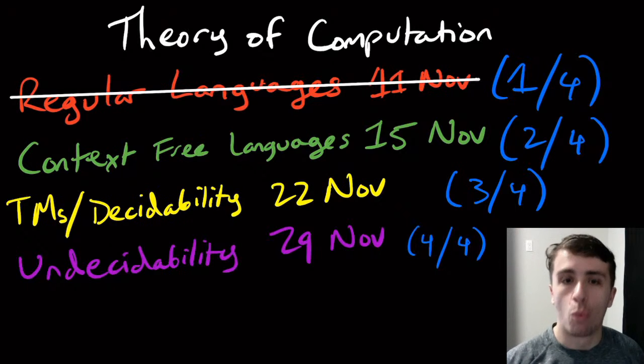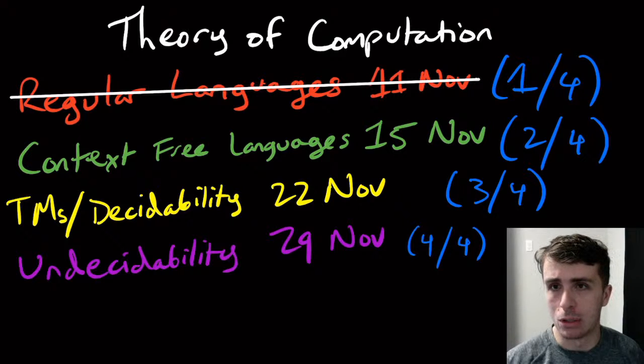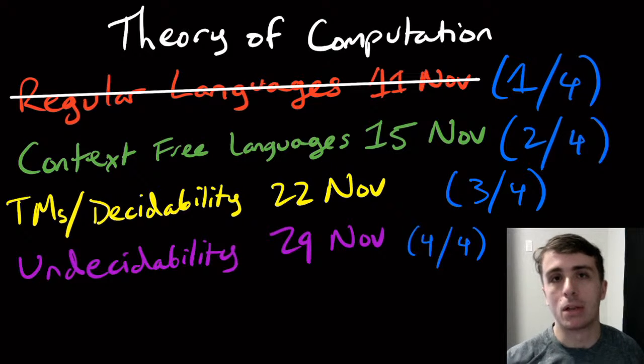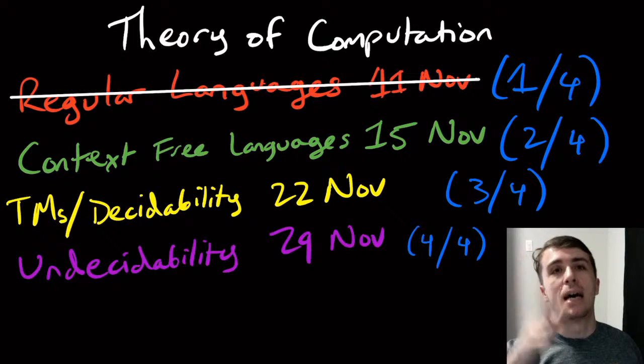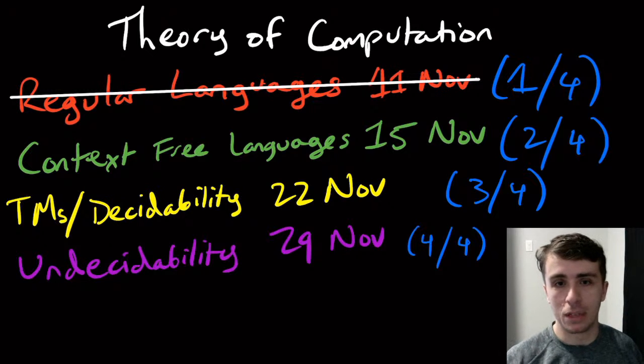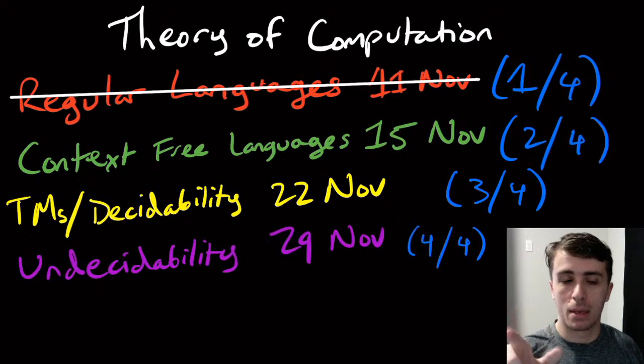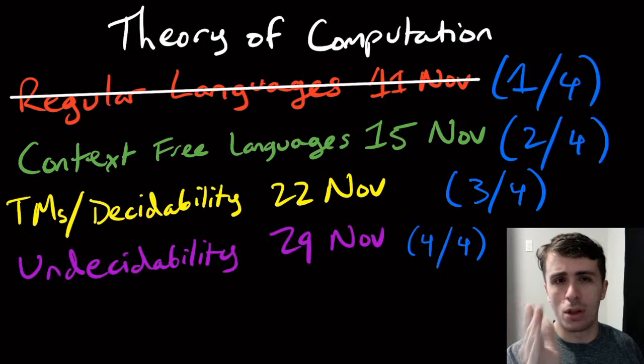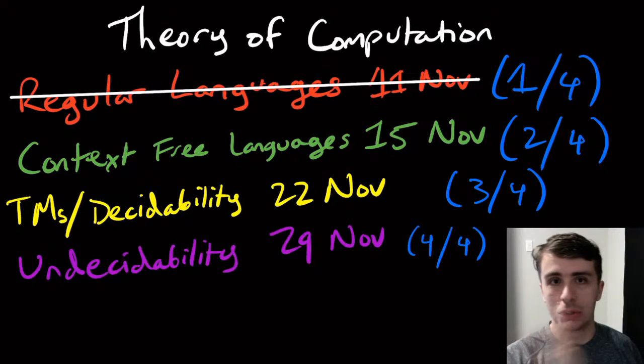For the regular language video, I time stamped everything. So if you visit the regular language live stream video, I have all of the concepts time stamped, so you can go to exactly the thing that you want, which is pretty nice.